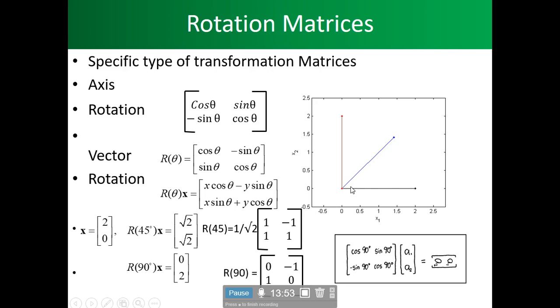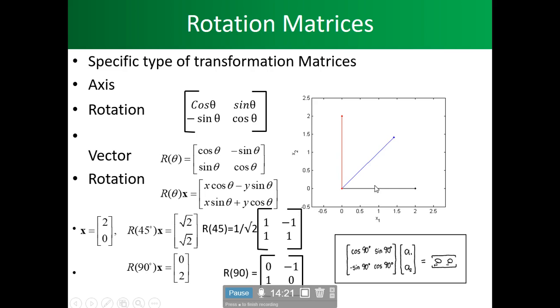Okay, and then we rotate it 45 degrees, and that's what gives us this answer here, the square root of 2. As you can see, it moves from here over to the square root of 2 over 2. So the square root of 2 for x and the square root of 2 for y, and that gives you this point.